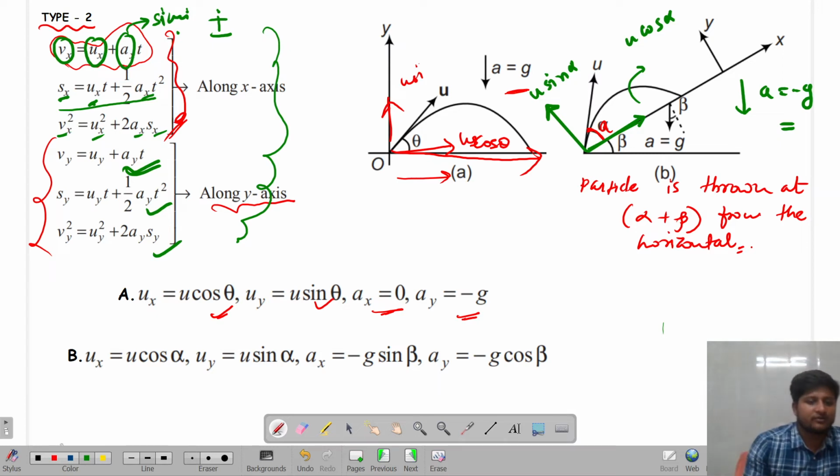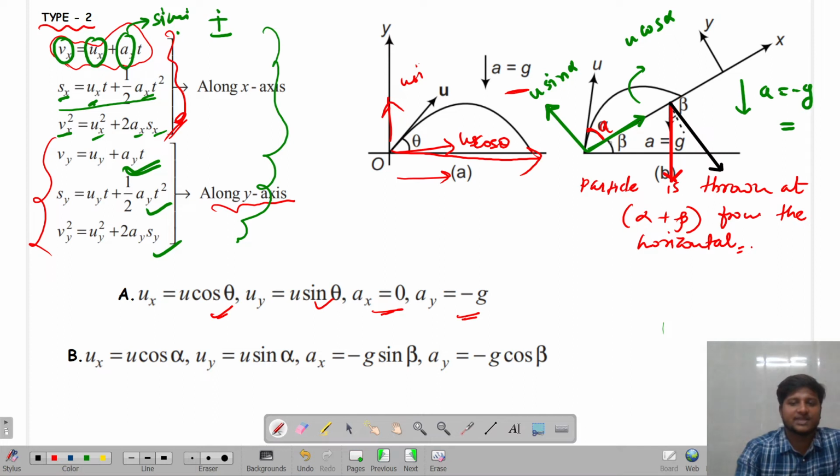This acceleration, acting along the vertical, has the value minus g. We are resolving it into two components, one perpendicular to the inclined plane.